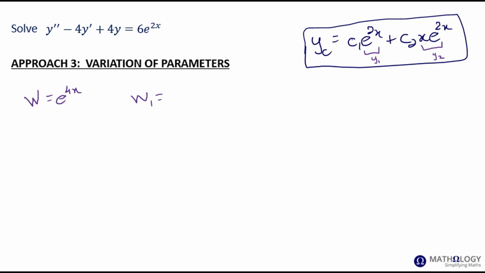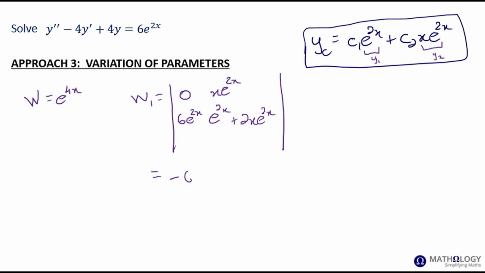Wronskian sub 1 is the determinant. The first column will be 0, 6 e to the 2x. So Wronskian sub 1, the first entry will be 0, so it will be minus 6 e to the 2x times x e to the 2x, which is minus 6x e to the 4x.